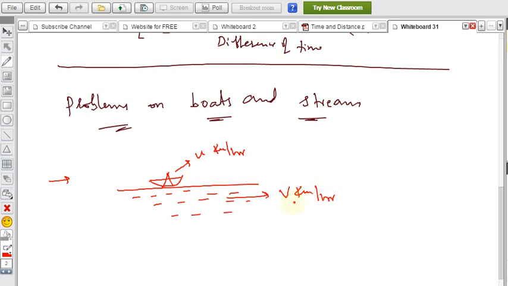Then the speed of the boat along the stream is equal to u plus v.